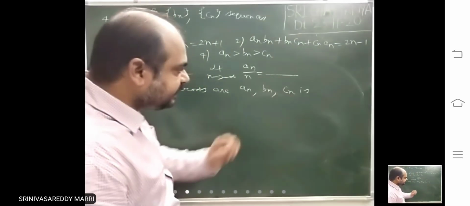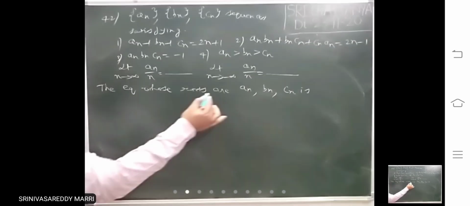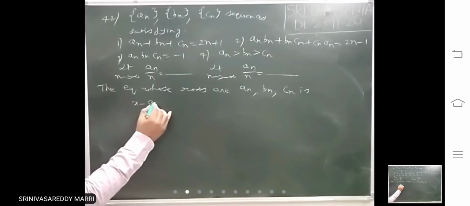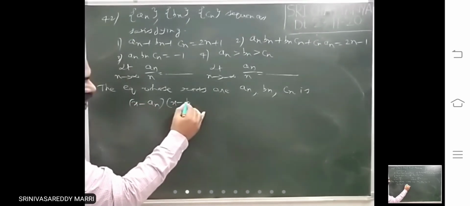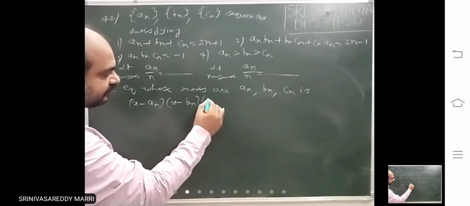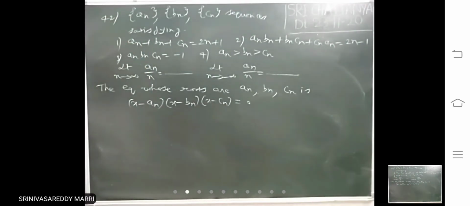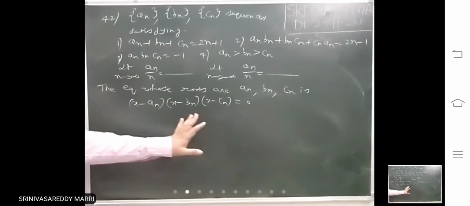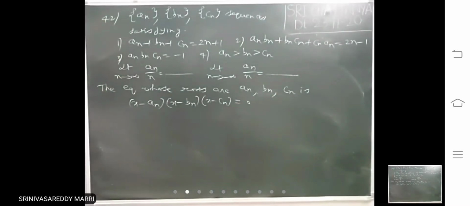As these are the three roots, we will have a cubic equation. If roots are given, how to write the equation? (x minus a_n) into (x minus b_n) into (x minus c_n) equal to 0. This factor into this factor into this factor equals 0. So this is the cubic equation whose roots are a_n, b_n, c_n.